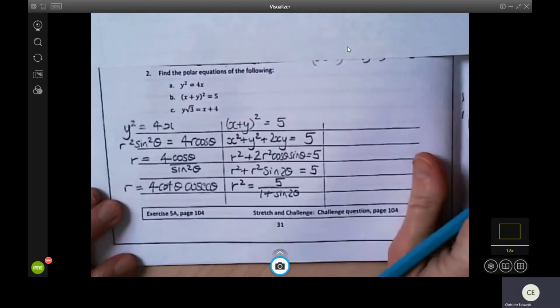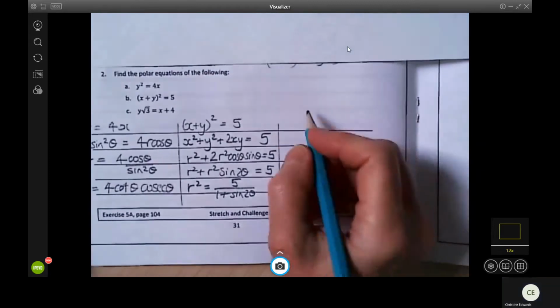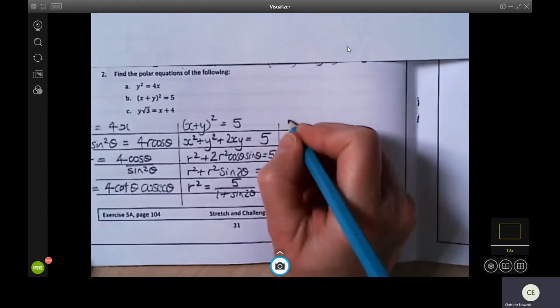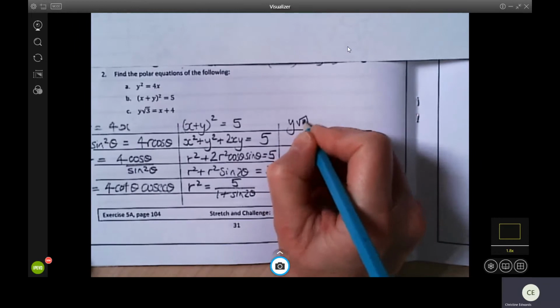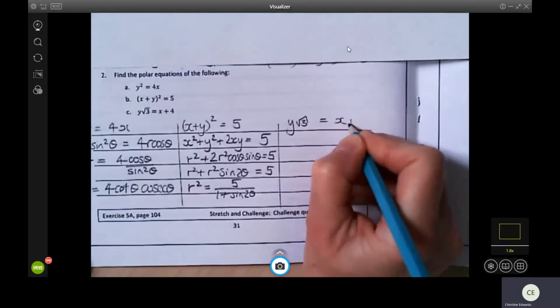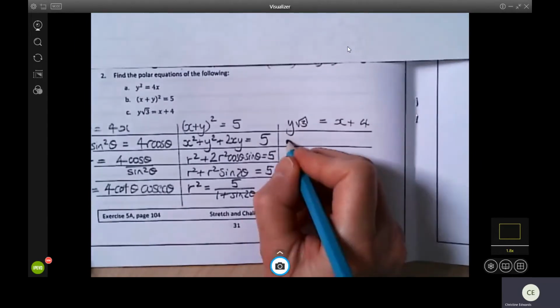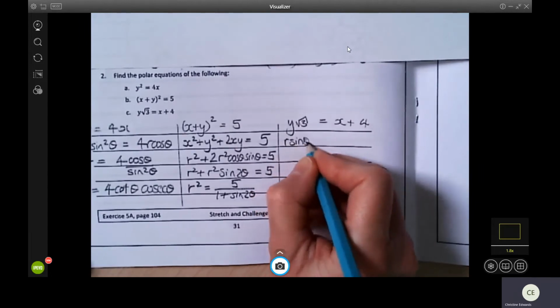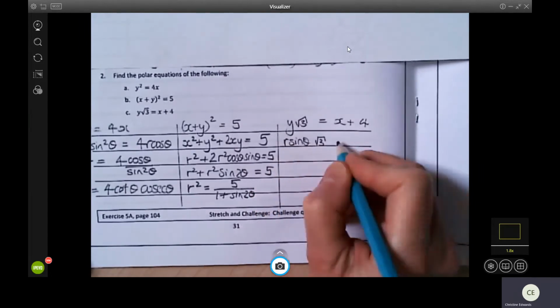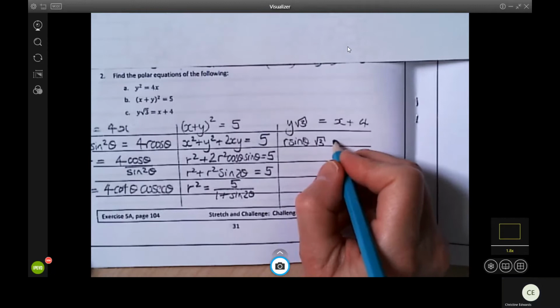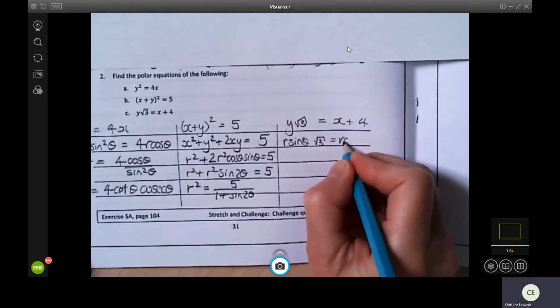Okay, let's have a think about C. So what do we have? Y root 3 equals x plus 4. So replacing y with r sine theta, root 3, I'm going to replace x with r cos theta.